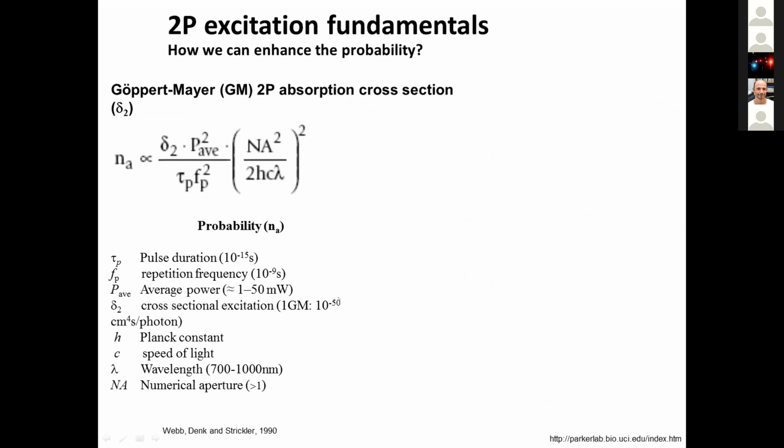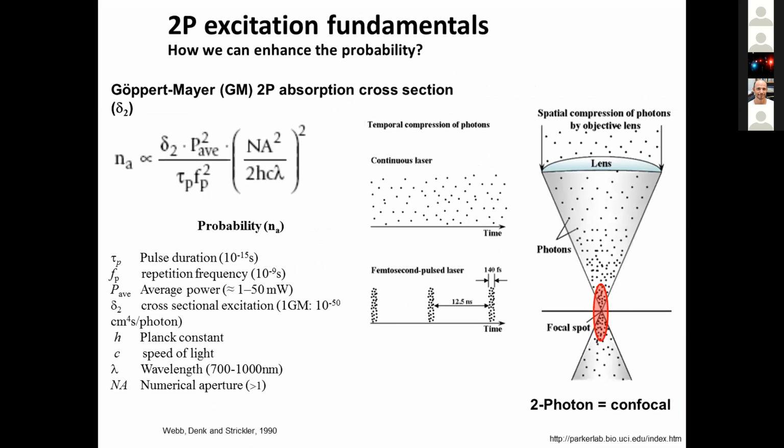So basically, Maria Goeppert-Mayer described all the mathematics about this, and what is important here is that, on the contrary of continuous lasers, two-photon lasers are pulsed, as I said before, and the width of the pulse is usually on the order of 100 femtoseconds.